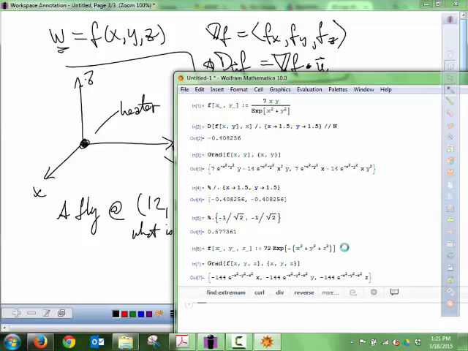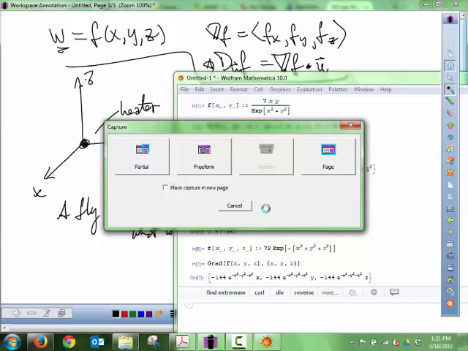So looks like this is going to be my gradient. I got negative 144, and then the e to the negative x squared plus y squared plus z squared can get factored out. And then it looks like I just have x, y, z. I suppose I should put that in the notes, huh?